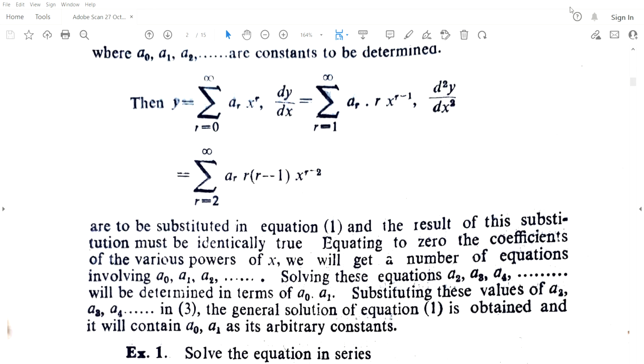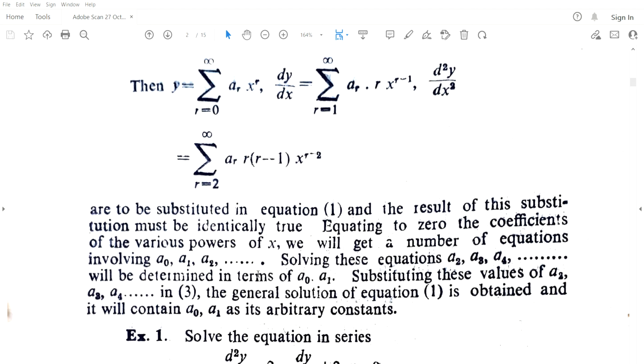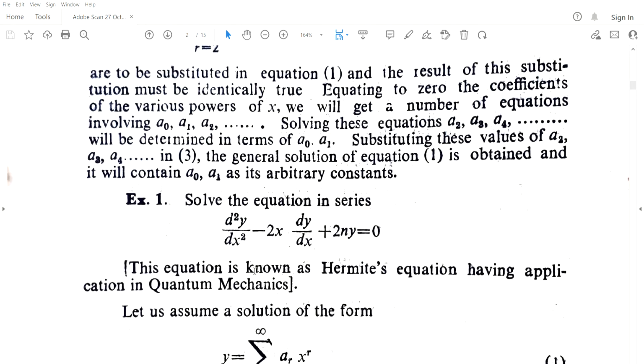Now we will take the coefficient of each term equal to 0. Therefore, we will get several equations in a0, a1, a2, a3, etc. Then we solve those equations so that we get the coefficients. Substituting the values of coefficients, we get the solution. These are the steps.